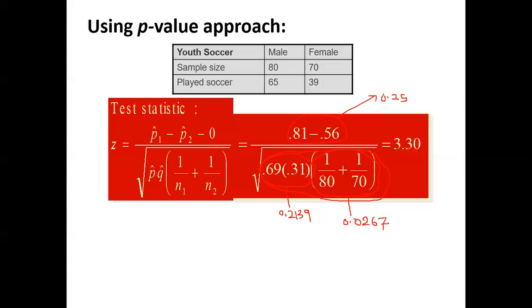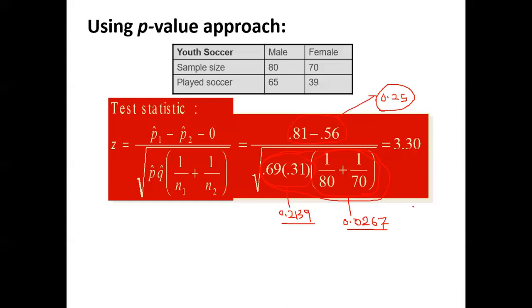So in the next steps, you will divide the above value 0.25 with the below value, that is 0.21 times 0.0267.